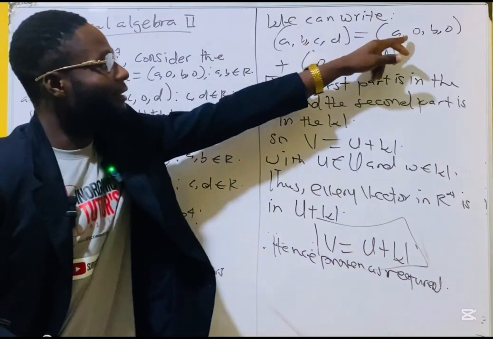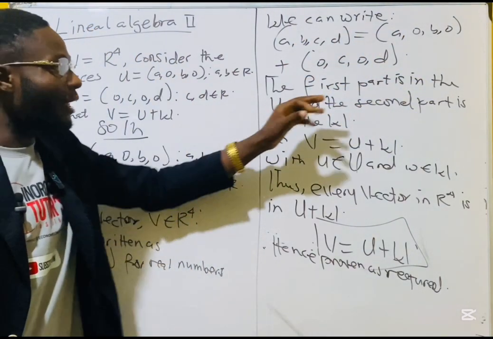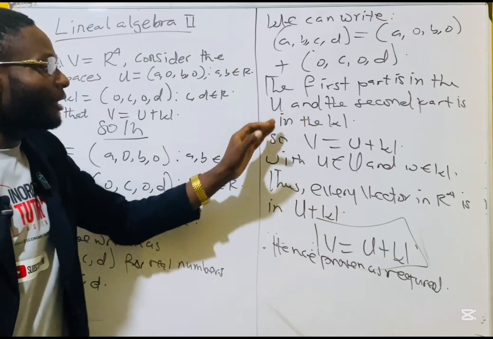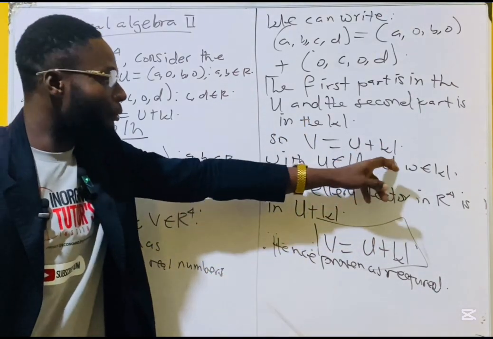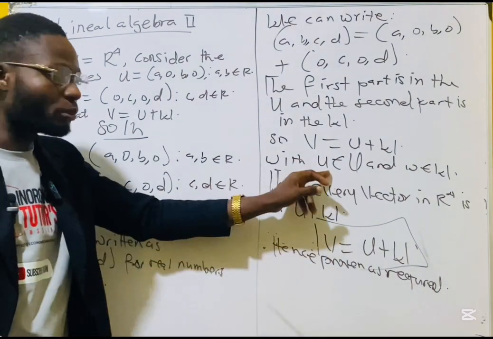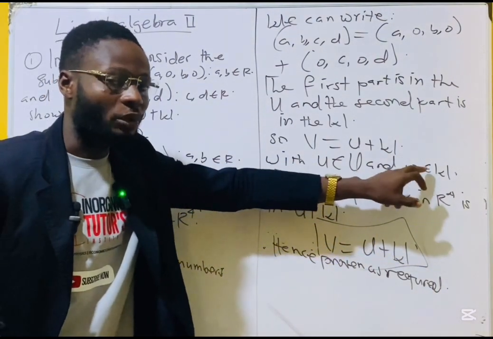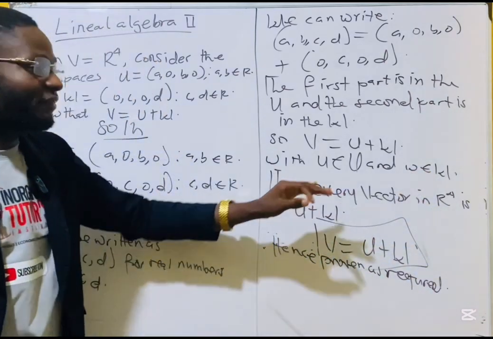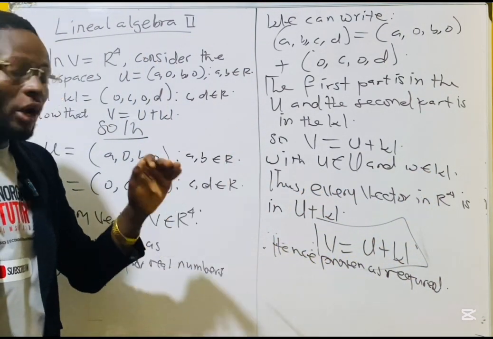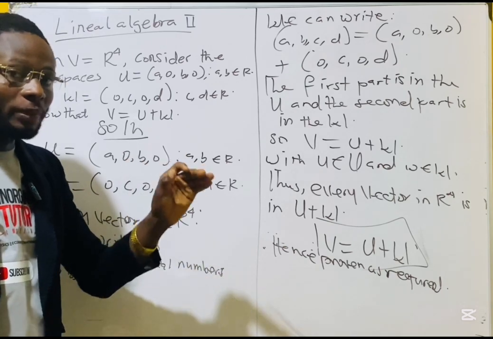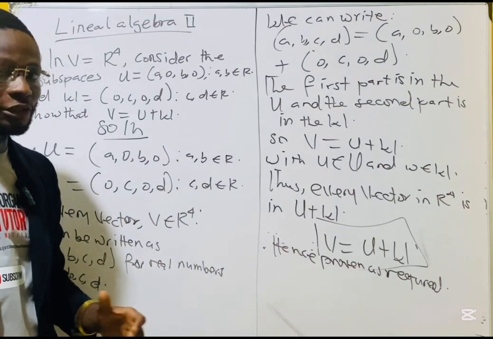So the first part is in U and the second part is in W. Once we have this information, we can say that V is equal to U plus W, with small u in capital U and small w in capital W. So every vector in R4 is in U plus W, and V is equal to U plus W. Hence proven, as required.